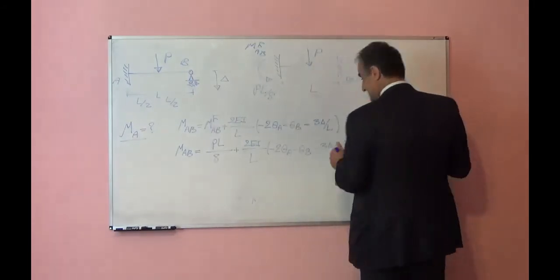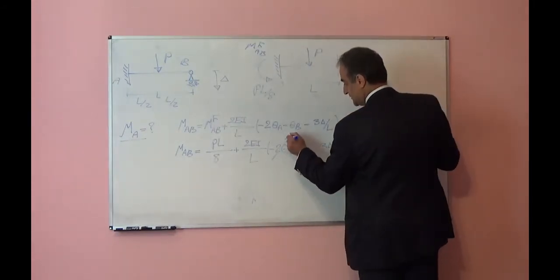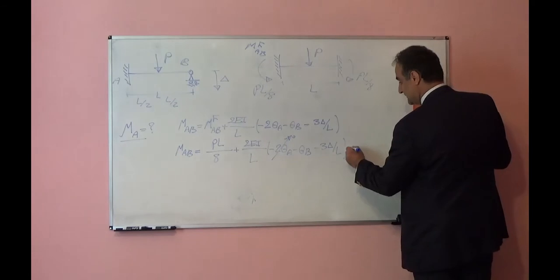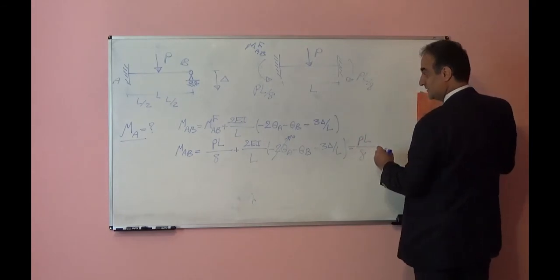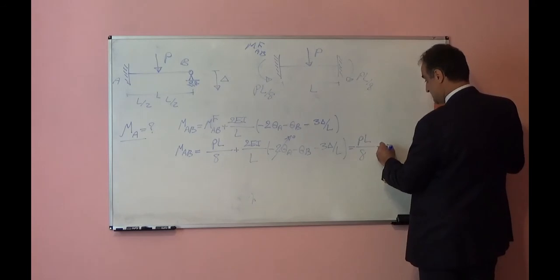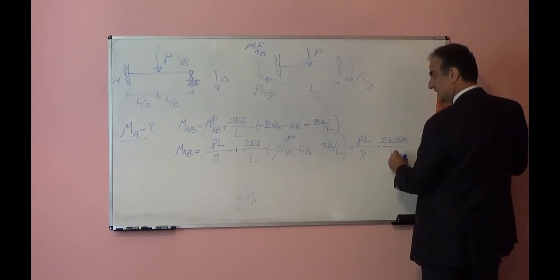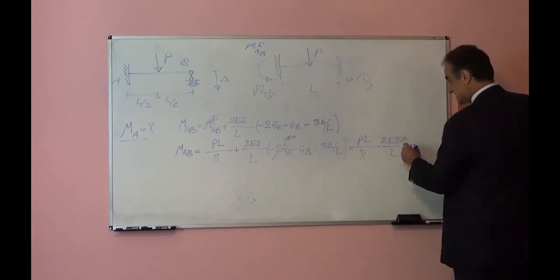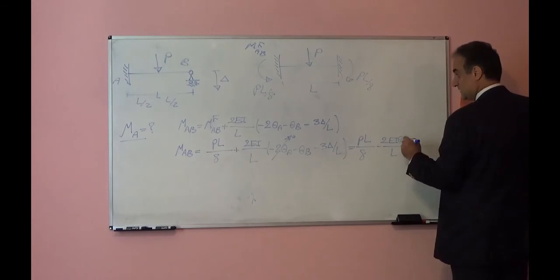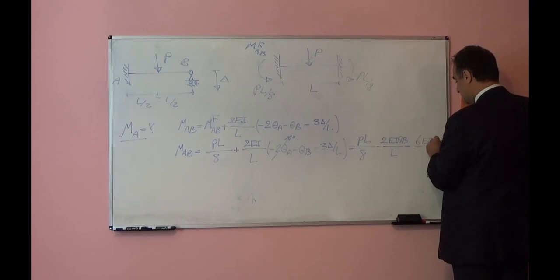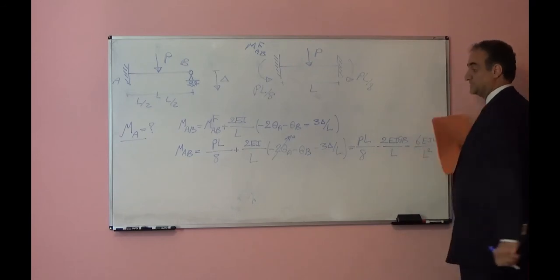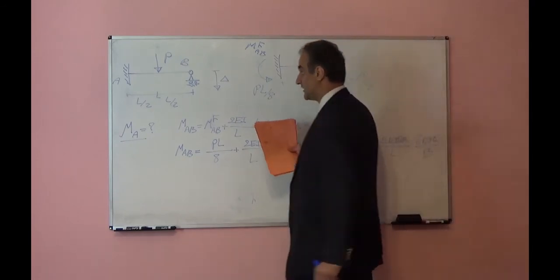So we know this term is 0. From here, this will be PL over 8 minus 2EI theta B over L minus 6EI delta over L squared.